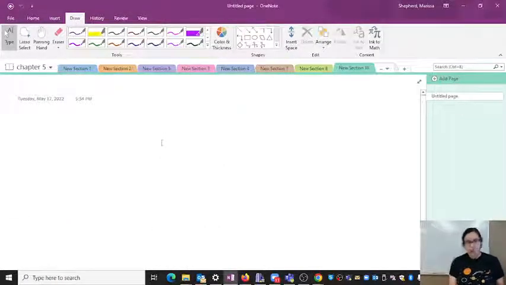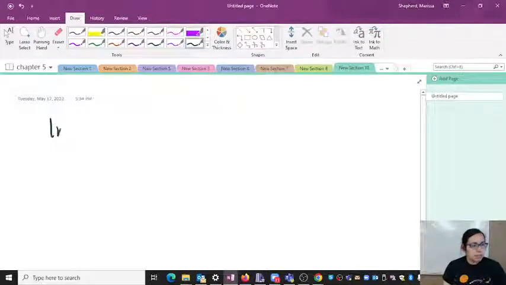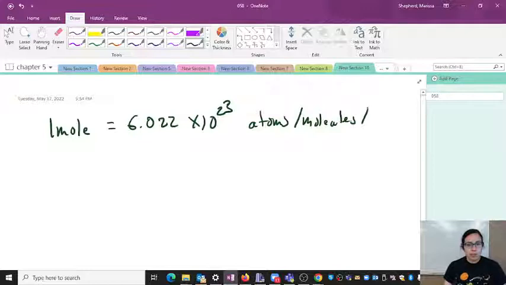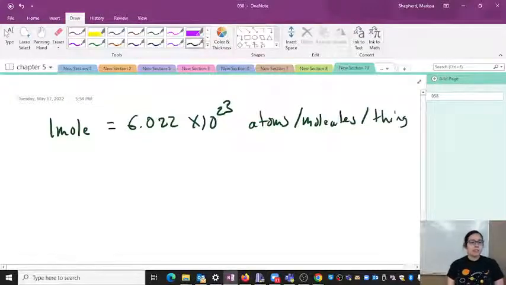First of all, we have our conversion factor. This means that 1 mole is equal to 6.022 times 10 to the 23rd, and that can be atoms or molecules or even really things. I could say I have a mole of cookies, and that would mean I would have 6.022 times 10 to the 23rd cookies.